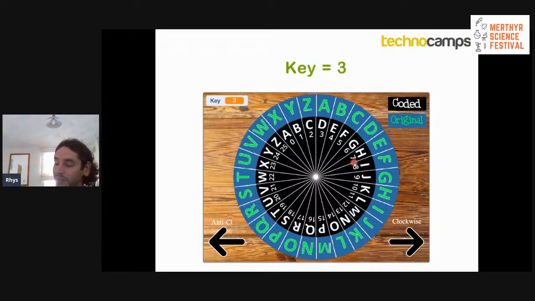For example, with a shift of 3, if I want to convert the letter R, I'd find R on the outside, and it would become U in my ciphertext. Okay, so have a try. What color hair have you got? See if I can figure it out with a shift of 3.